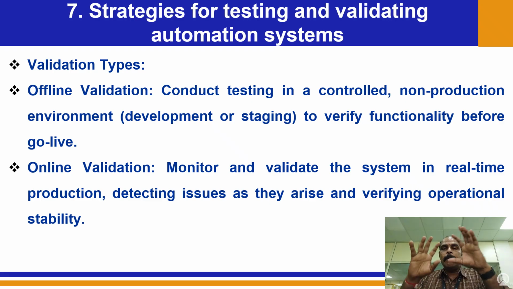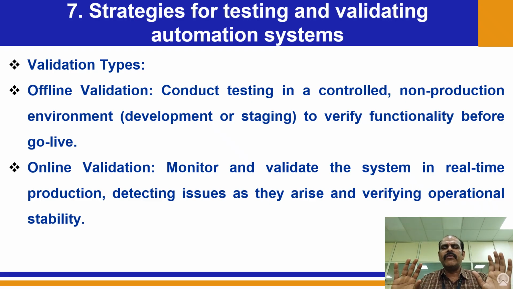In a compound activity, we pick up only one particular component and do some sort of analysis for that alone. That is offline validation. Online validation is when everything is working, all the systems are working in real time under dynamic conditions.